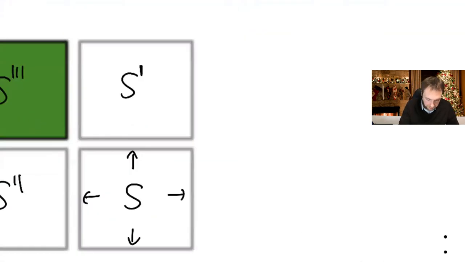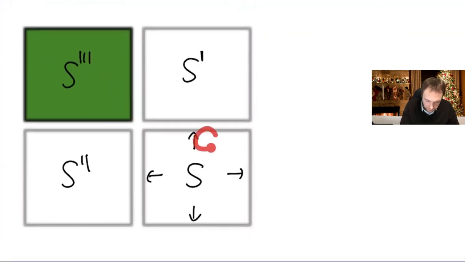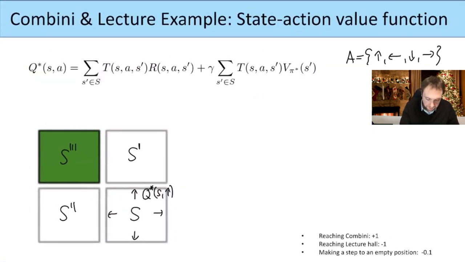So here we have the value Q star of S, let's say, going up. And what is the value in this case? Well, you can use this formula here. So what is the expected maximal reward we can get by starting here and going in this direction?